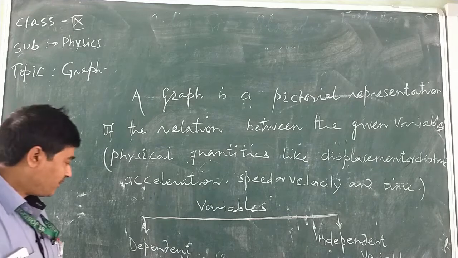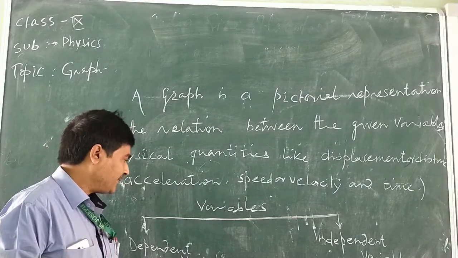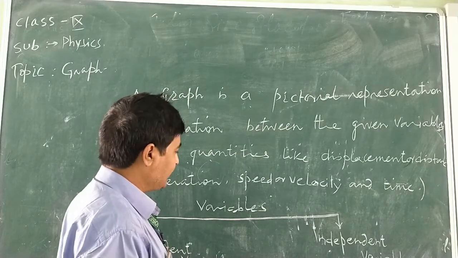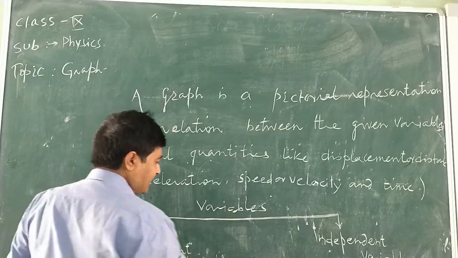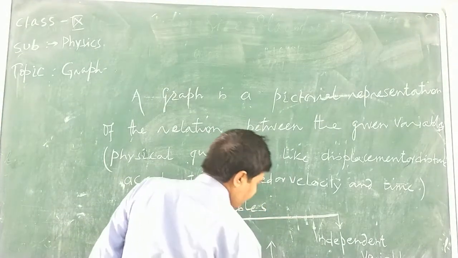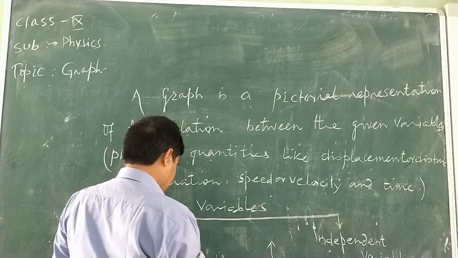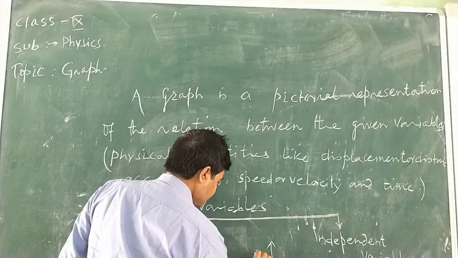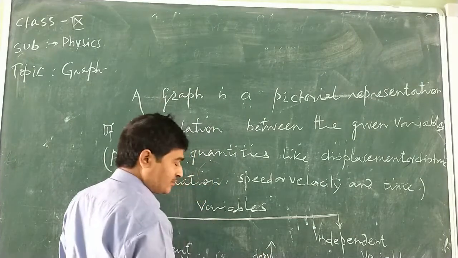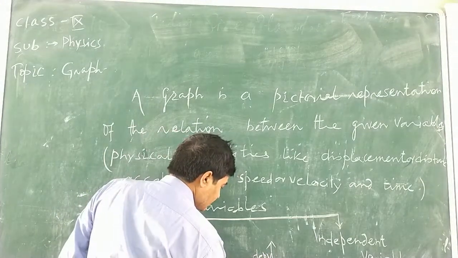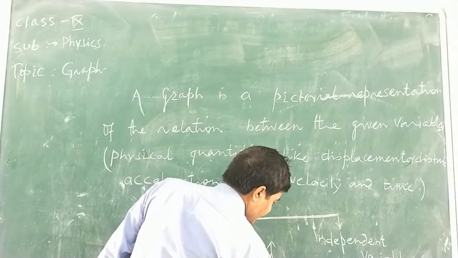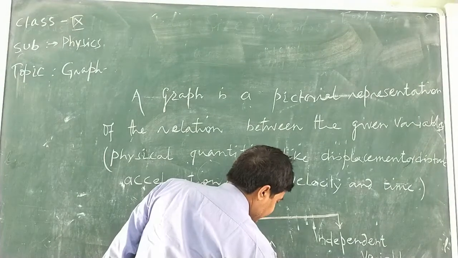We have to place independent variable on x-axis and dependent variable on y-axis, like t.